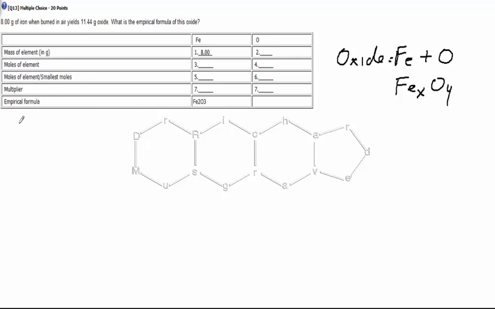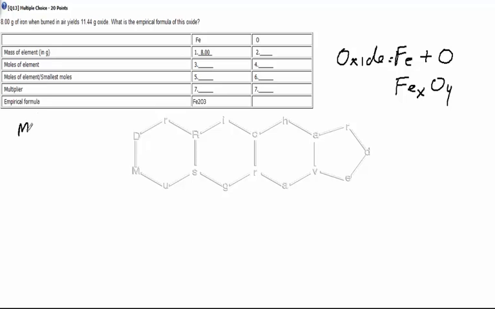So the first thing you should probably do is say to yourself, well, how much oxygen is actually in here? Well, if we start out with 8.00 grams of iron, the iron isn't going to go anywhere. The iron is still going to be part of the compound. But we are going to have oxygen added to it, and that'll give us the 11.44 grams of oxide.